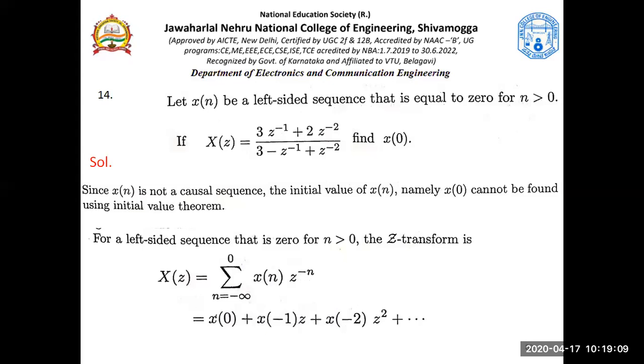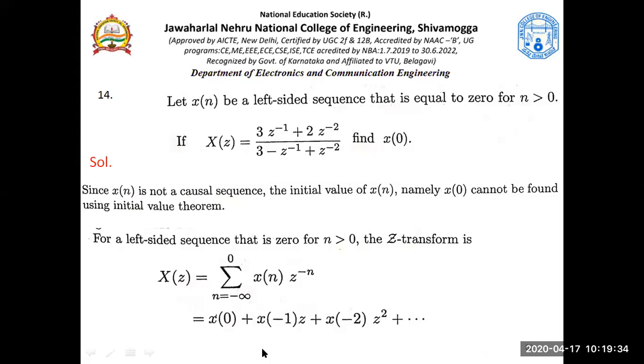Understand? Till n equal to minus infinity, what powers of z do we have? Do we have positive powers of z or negative powers of z is the question. Since the given sequence is left-sided, we have only positive powers of z. Everybody get this point? We only have positive powers of z.